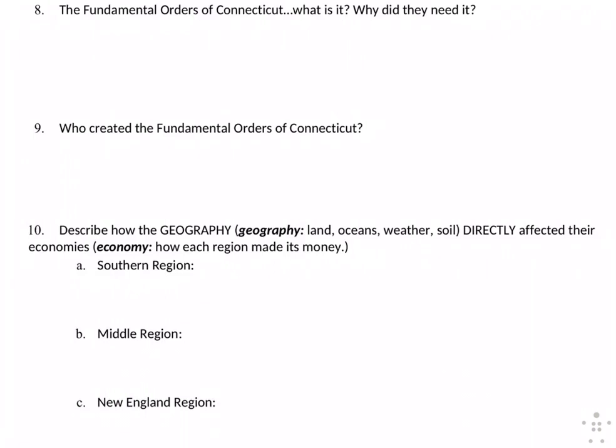So their economy is based off of fishing, lumber, natural ports, because their geography is cold, arid, harsh winters, long winters, rocky soil. Now, remember, geography is directly linked to economy. Wherever you live, the region that you are at determines how you're able to make your money.